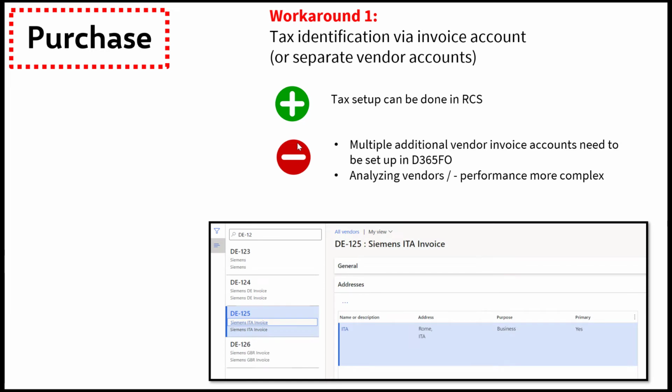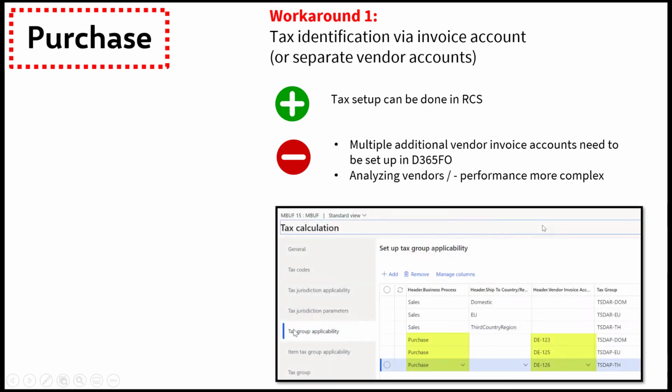So here's an example where I set up for Siemens. That's my vendor Siemens. I set up a separate invoice account, Siemens Italy, in Rome in this case, and to this vendor I linked then my Italian tax ID.